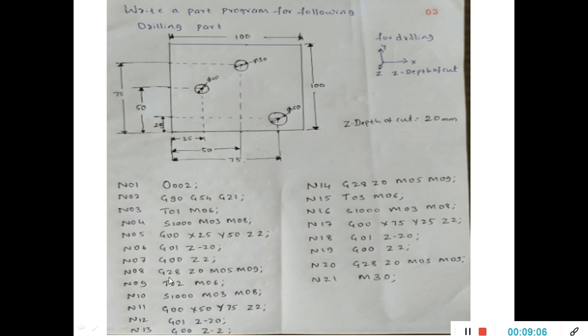Next G28, Z0, M05, M09. So G28 means home position or return to the reference position. Your tool must be moved to the G28 reference position. Z0: after movement to the G28 reference point, the tool should be at 0 in the Z direction.